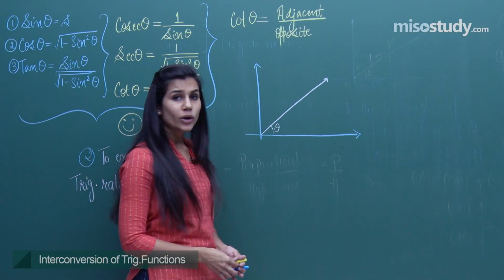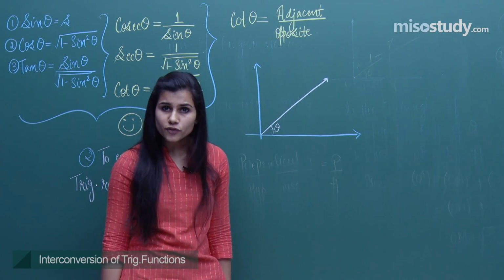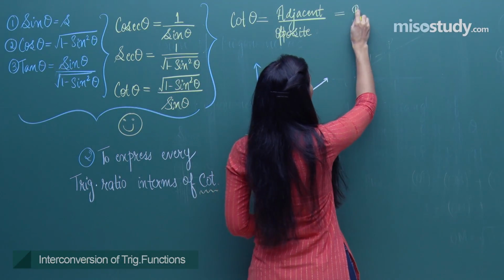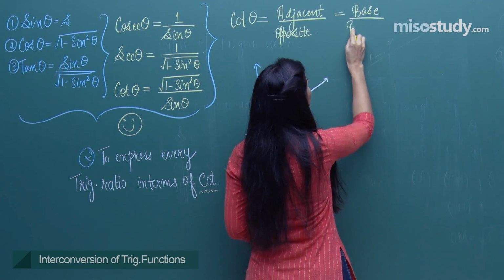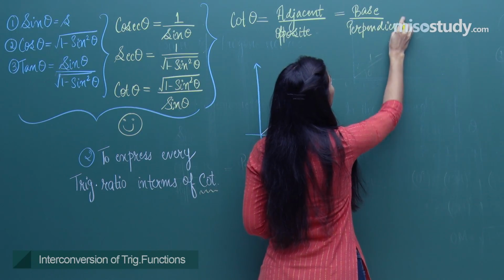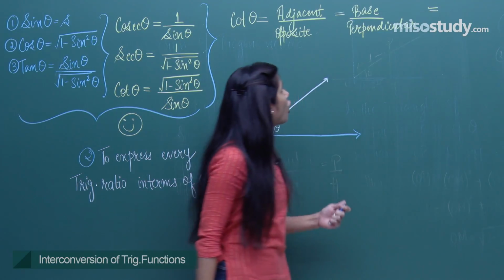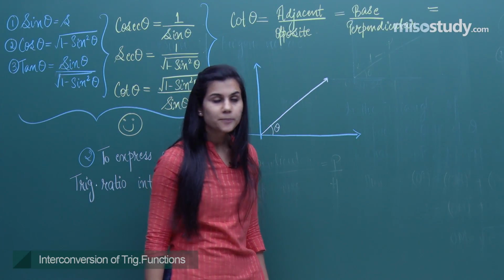So what am I going to do over here to get all the trigonometric ratios in terms of cot? Well, because the adjacent side is also called the base and the opposite side is also called the perpendicular, I get my ratio of base with the perpendicular to be equal to cot theta.